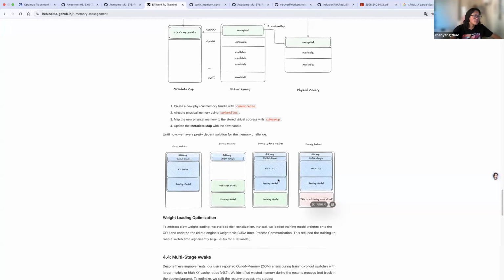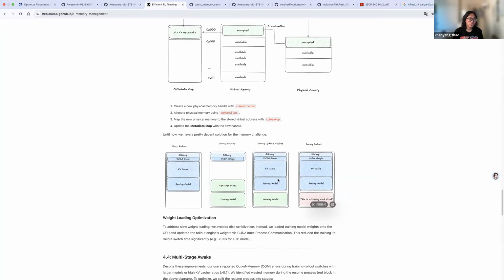During the weight updates, we have kept the training models on the GPU, and we have to keep the serving models. So we have to do a weight synchronization from the training model to the serving model. You can imagine that someone may say, why couldn't we do a zero copy, like we directly change the pointer of the serving model to the training model?